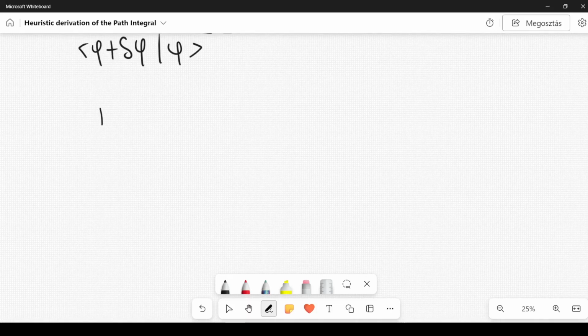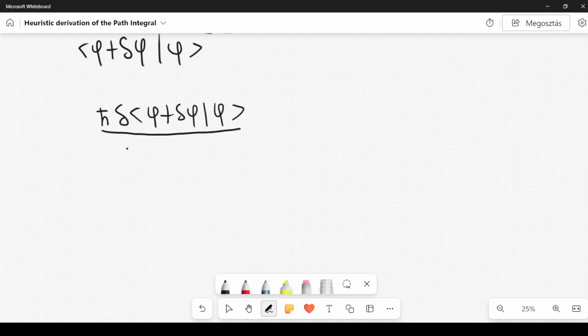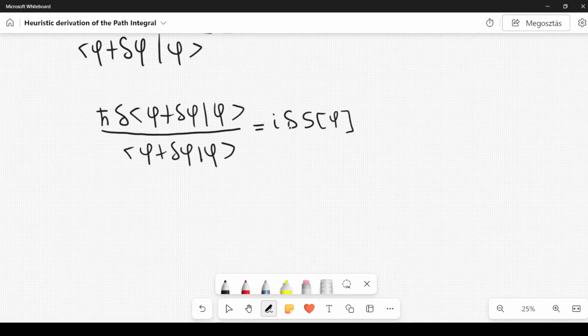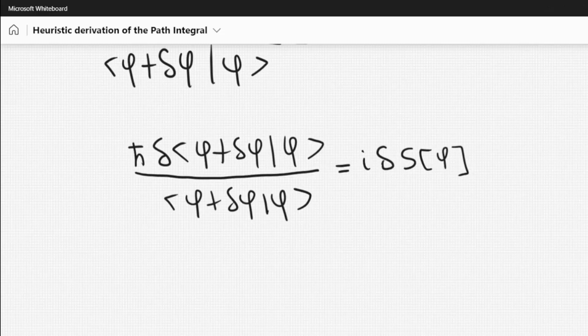So we can rewrite this as h bar, the change in the inner product between phi plus delta phi and phi, divided by the inner product between phi plus delta phi and phi, equal to i times the change in the classical action evaluated at the configuration of the field phi.